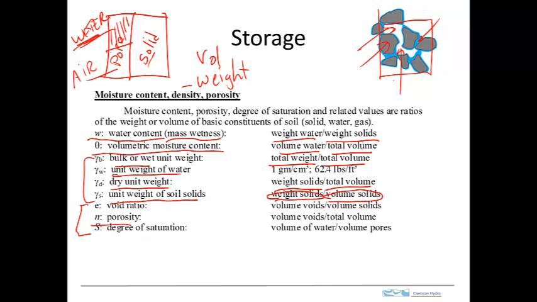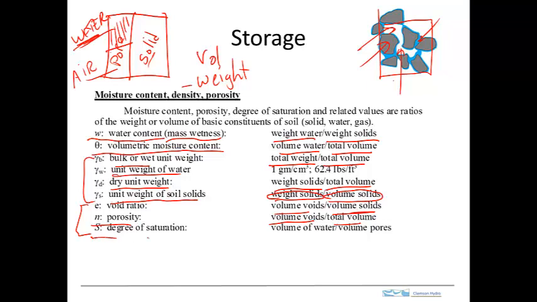So porosity, we've seen before, it's the volume of voids taken as a ratio to the total volume. A related term is the void ratio, and it's the ratio of the volume of voids to the volume of solids. So related to the porosity, but instead of taking the ratio with the total volume, it's taken with respect to the volume of the solids.